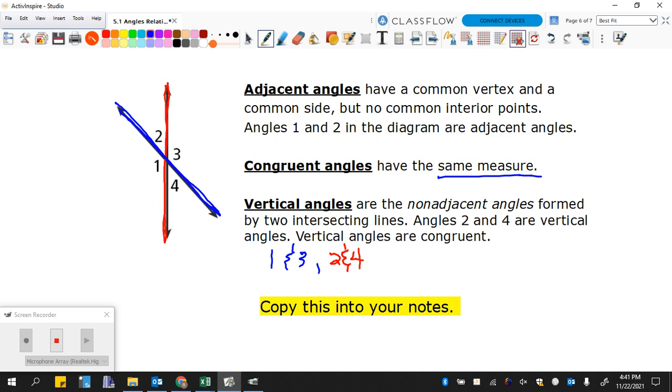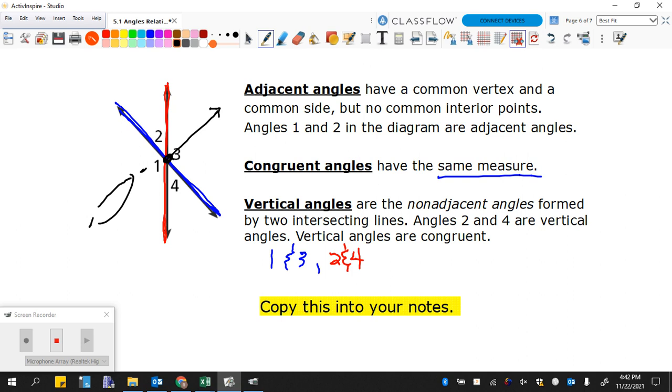If we happen to have another angle that shoots out through here, let me use a different color for that, we just ignore that because it ends right here. It doesn't go out through here at all.